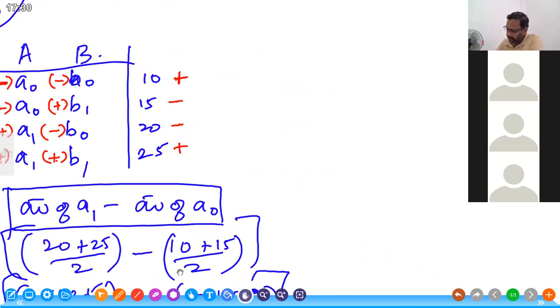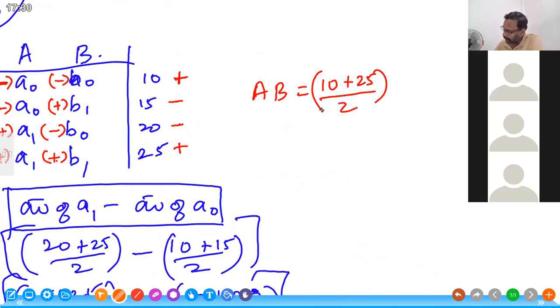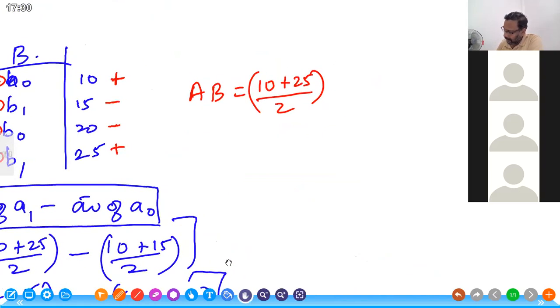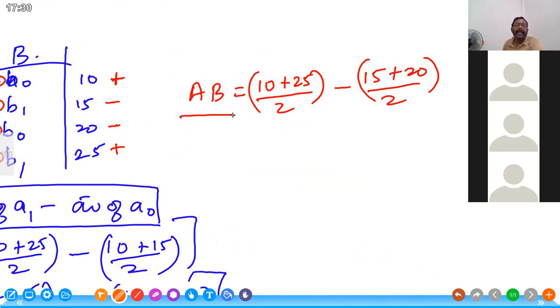The interaction is the average of pluses, 10 plus 25 divided by 2, minus the average of minuses, 15 plus 20 divided by 2. So this is the concept of interaction.